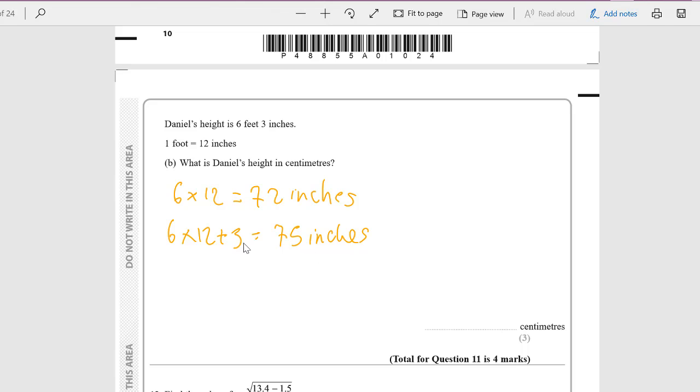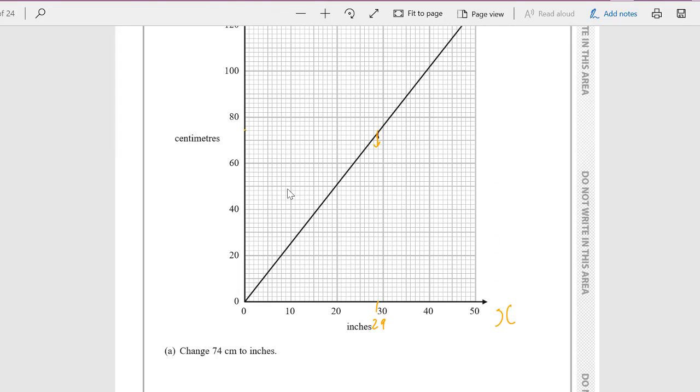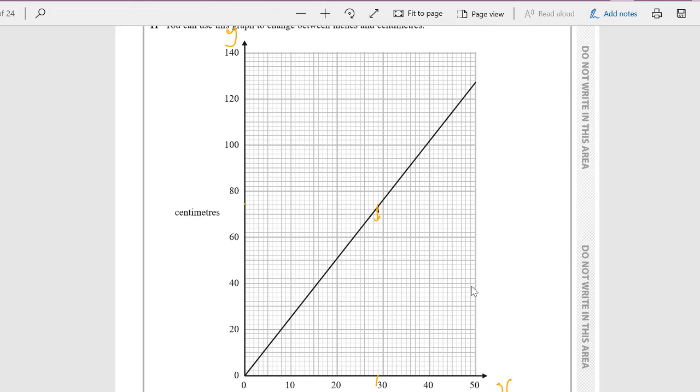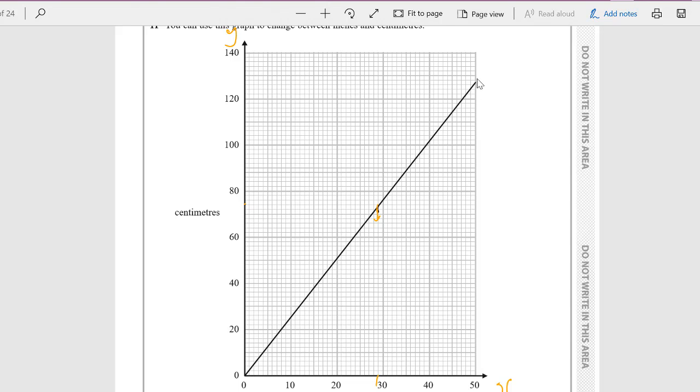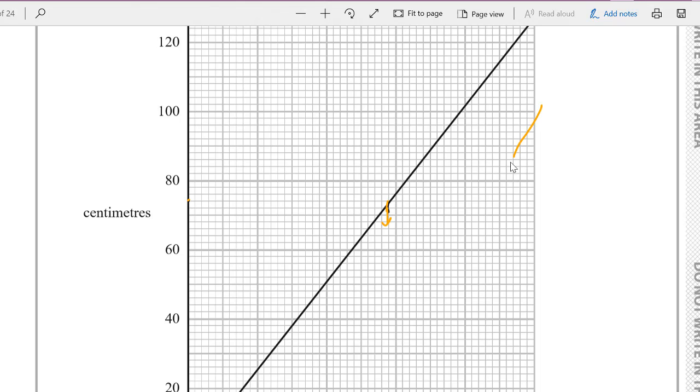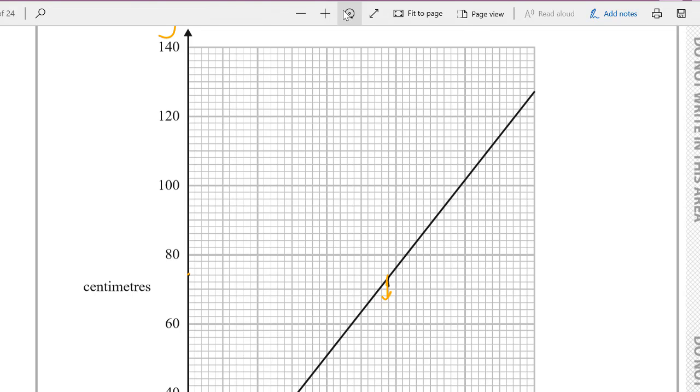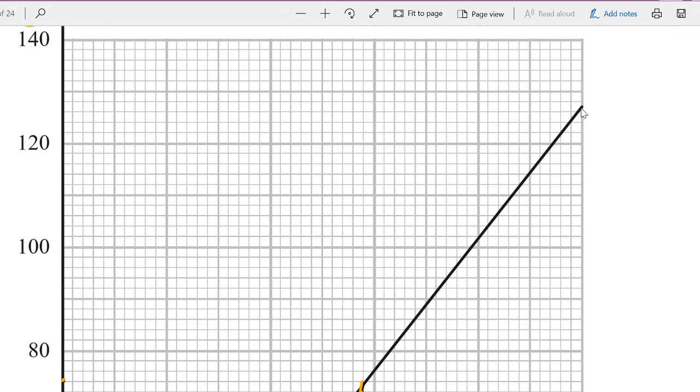And then going back to our graph up here, so here are the inches, so 50 inches, follow all the way up. Let's just zoom in, so you can see that in this case the line is actually halfway through the square. So if we go all the way across to the other side, it's going to end up here.